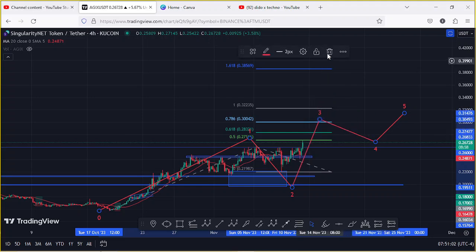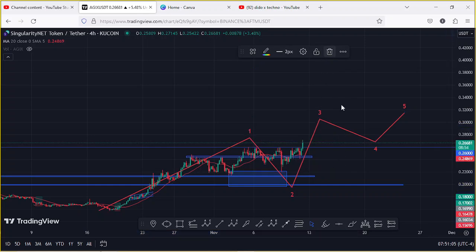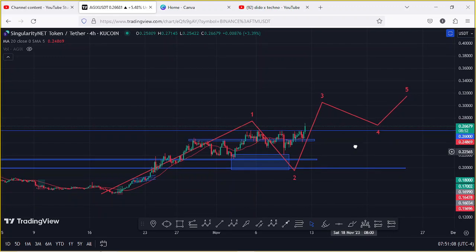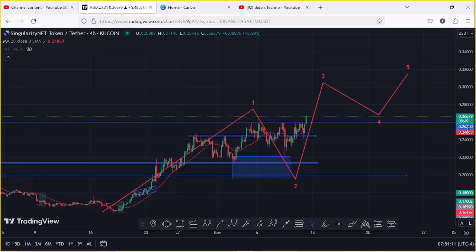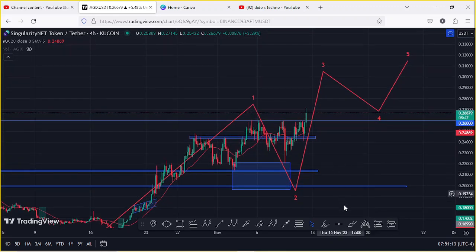We also need to have in mind that there are chances that we can see a reversal from the prices that we are trading within. In case such a movement plays out and at some point we lose support at around the $0.26 mark, then expect further pullback to the area at around the $0.245 mark, where we have support, and as long as that is holding, we can expect another bounce back to the upper side.